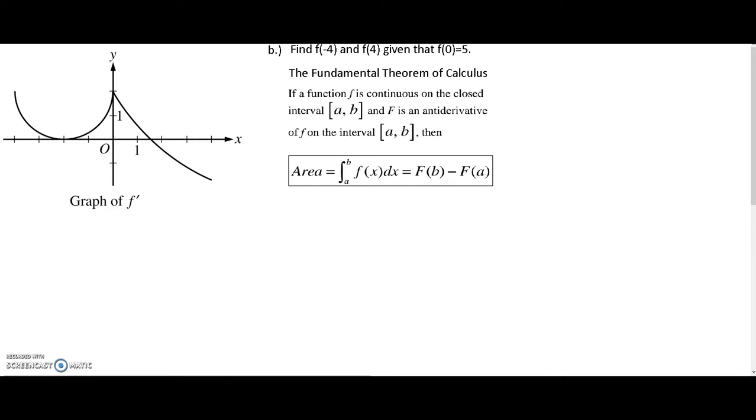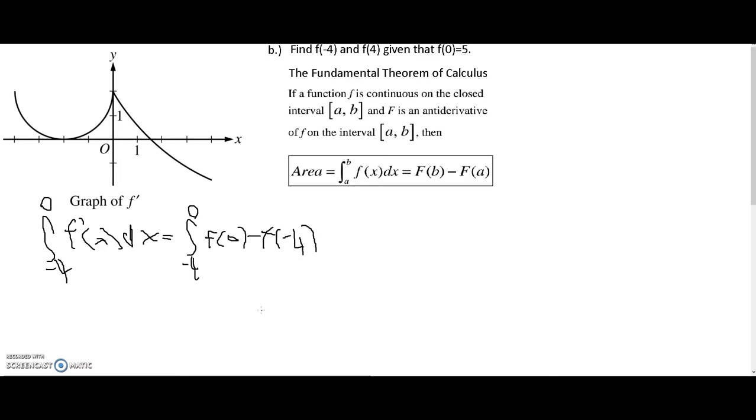So to find f of -4, I'm going to take the definite integral from -4 to 0 of f prime of x dx, which equals f of 0 minus f of -4.